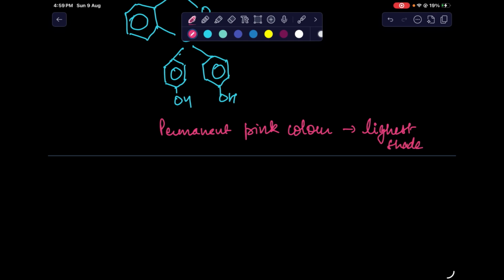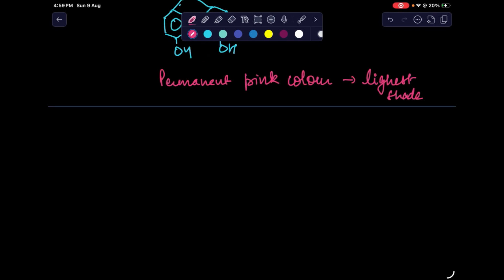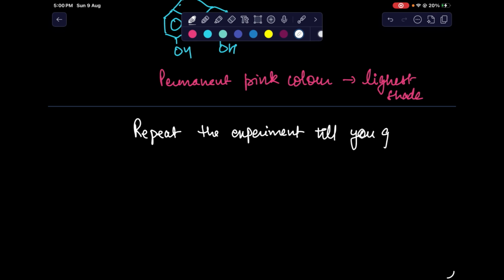If it is dark, you repeat the experiment. You have to repeat the experiment till you get the same reading twice. What does that mean?